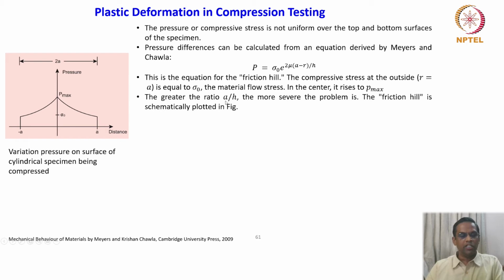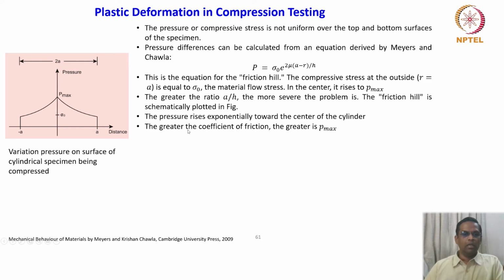The greater the ratio of A by H, the more severe the problem is. This is what I just said: the frictional problem will be more for the higher A by H ratio. The pressure rises exponentially toward the center of the cylinder. The greater the coefficient of friction, the greater is the P max.